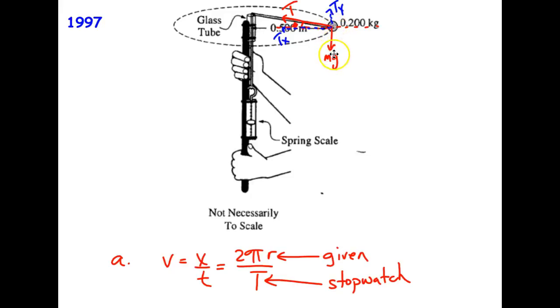The ball will always have weight. That means there will always be a vertical component of tension to support that weight. Well, there's always a Ty value. That means there will always be a right triangle formed by T, Ty, and Tx.